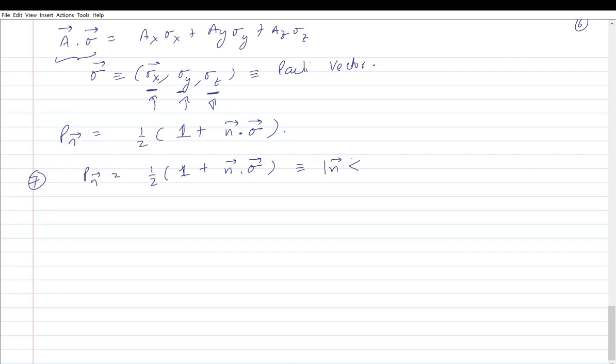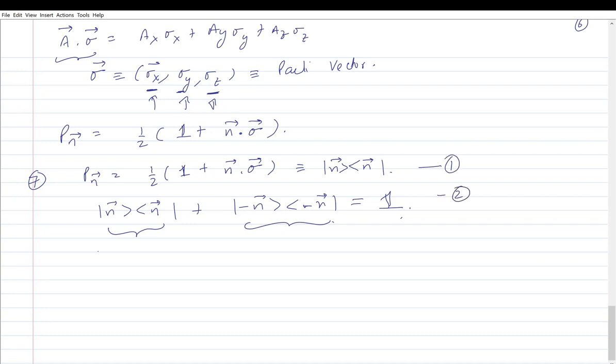This is the same representation as the outer product, remember, and I also know that these projectors in opposite directions are going to form a complete set of orthogonal vectors, which is going to be the identity. So I can combine 1 and 2 to show that this guy is equal to, which is nothing but the eigen decomposition.